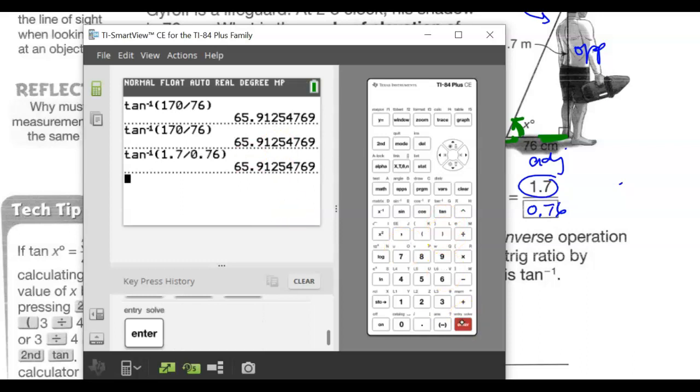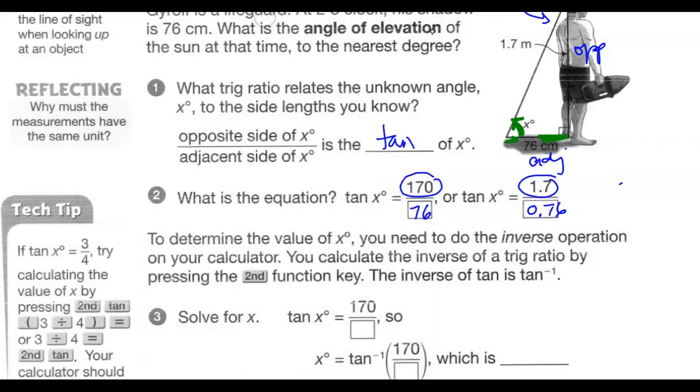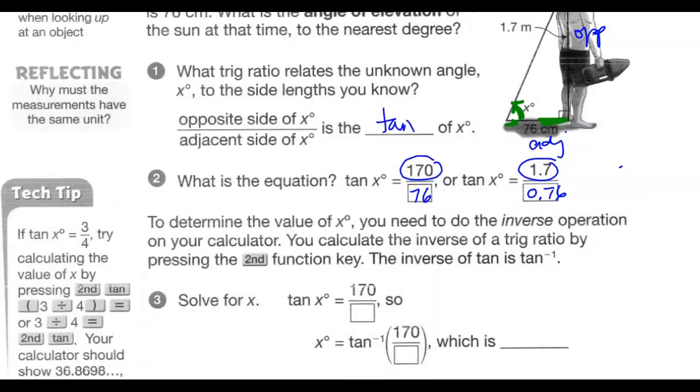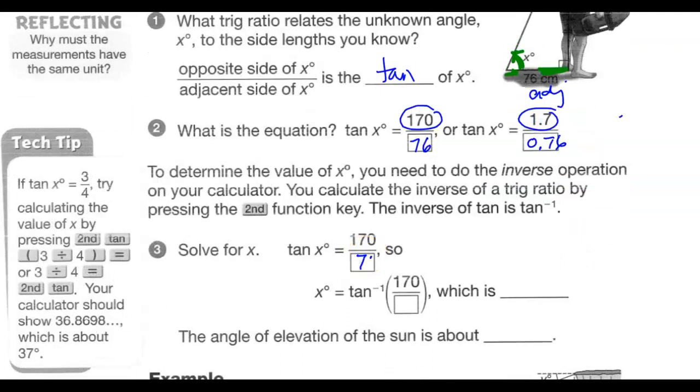Bracket, enter, and that gives you the same value. It should be 65.9. Okay, so solve for x. So we did this. What did it just say it was? 65.9. And that's degrees. Now, if we round to the nearest whole number, it's 66 degrees.